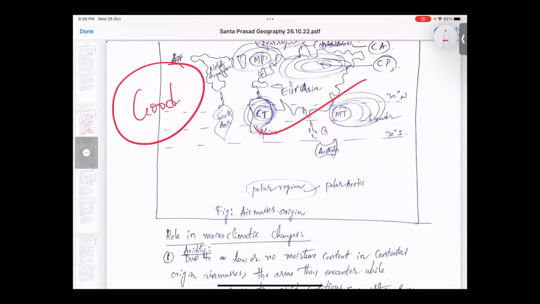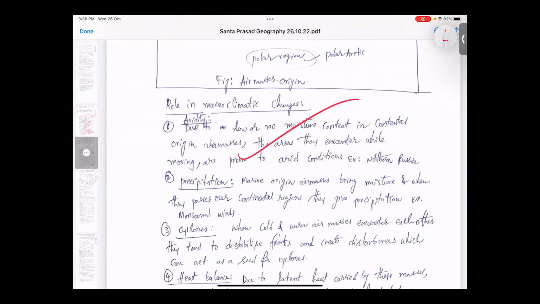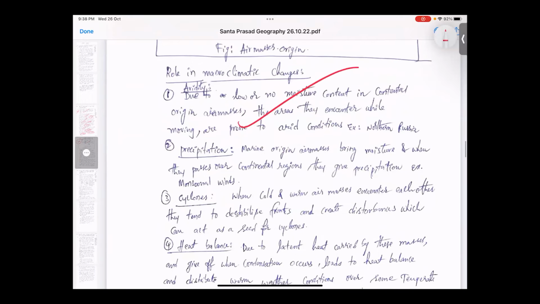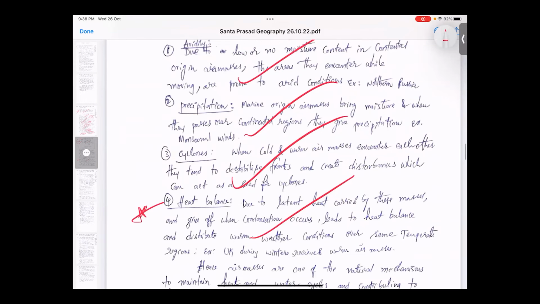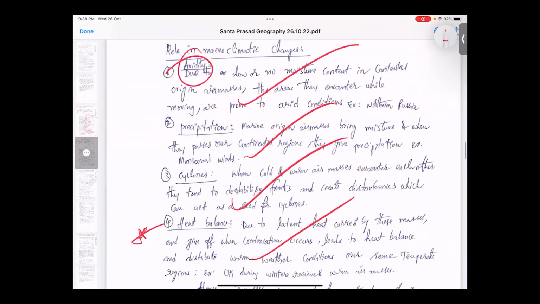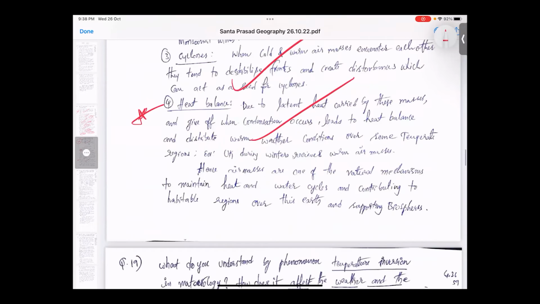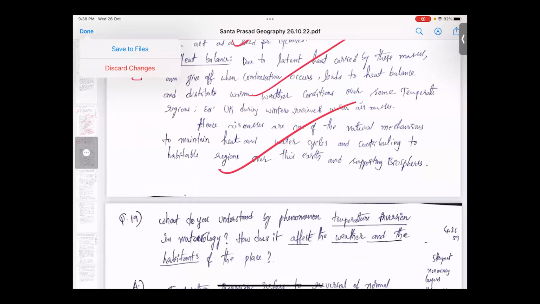Something is better than nothing. So definitely a good attempt to draw the diagram. No doubt about it. Role in macro climatic changes: aridity, precipitation, cyclones, heat balance. Yes, this is also good. They maintain the heat balance. The aridity is a drought, precipitation. Okay, good answer, Shanta Prasad.